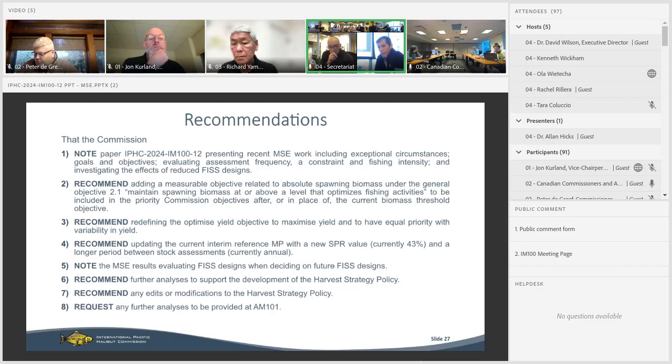You could replace it, or you could add a fifth objective in that priority list, related to absolute spawning biomass, similar to that extra row that was presented where we had the probability of falling below the spawning biomass in 2023. So an additional objective could be to maintain the absolute spawning biomass above the level estimated in 2023, and that would result in another performance metric being put into the MSE results.